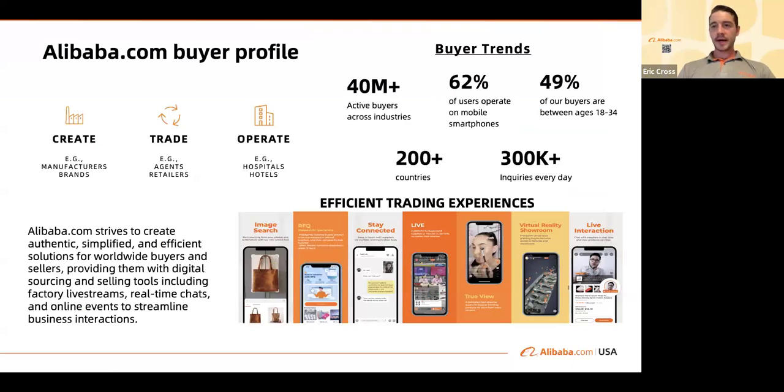We noticed that the buyers on Alibaba.com, those 40 million active buyers, are looking to accomplish one of three things primarily. Either they are looking to create a product that they would like to sell. It could be a new product, it could be a prototype, but they're looking to find a capable manufacturer who can make something new for them.